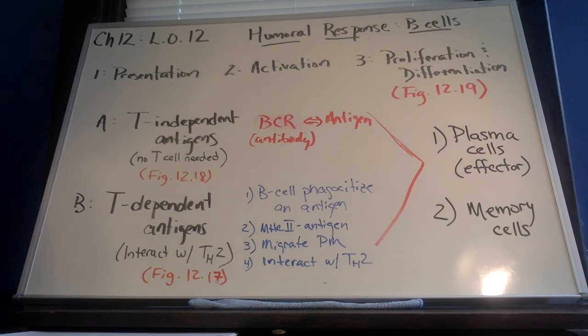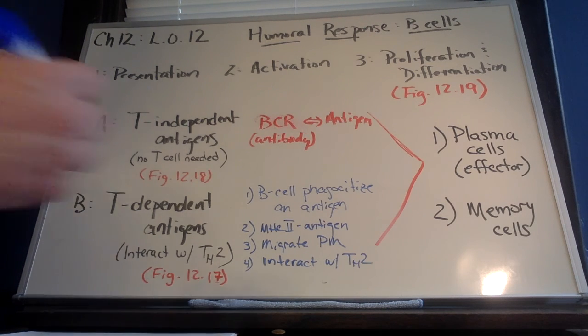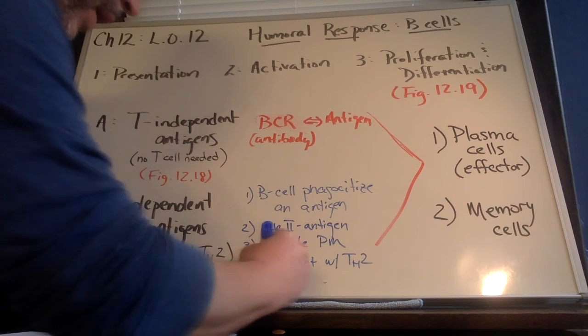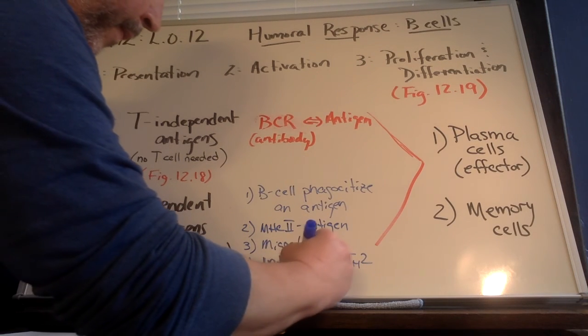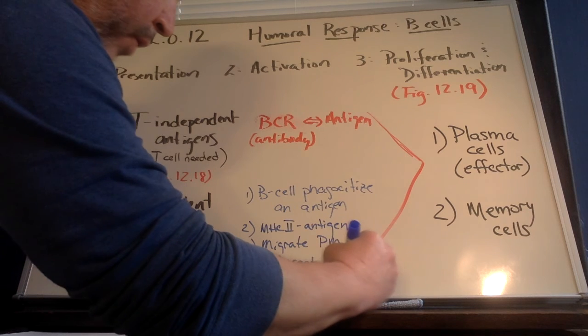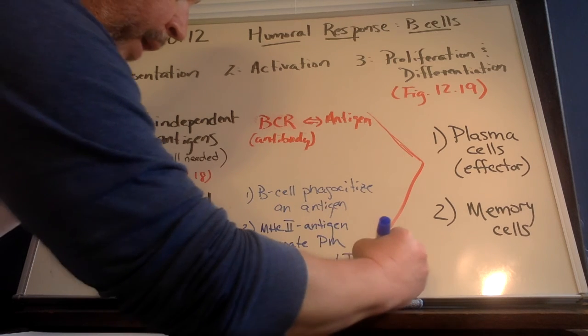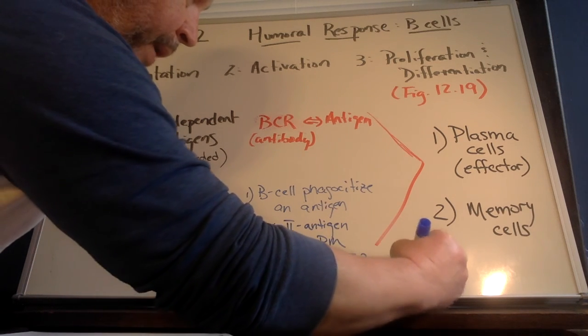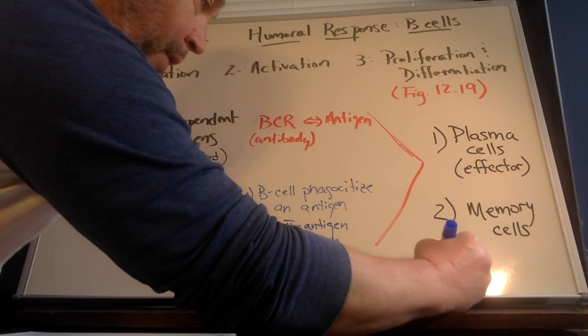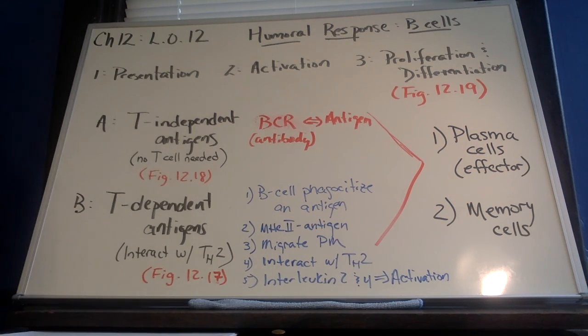At this point, this is where you can see we will then get the releasing of cytokines. And if you recall from figure 12.15, this is when you will release interleukin 2 and 4 in order to get activation of the B cell.